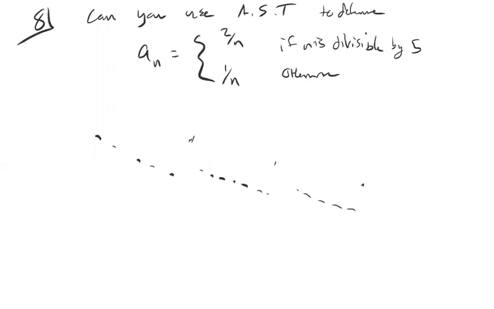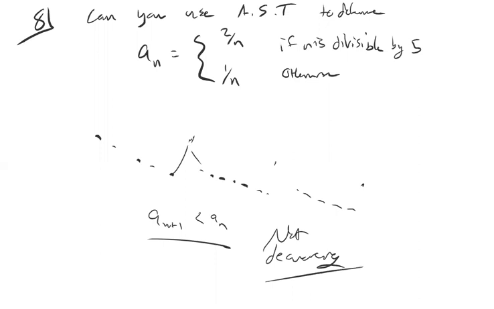And again, we need it to stay decreasing in general, which means that a sub n plus 1 is less than a sub n for every possible combination. And whenever we have a jump like that, it breaks that rule. So it's not decreasing. So no, we can't use that test here.